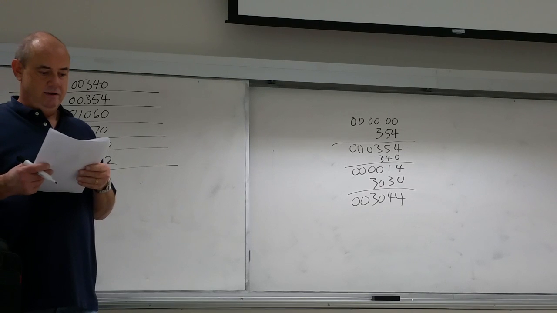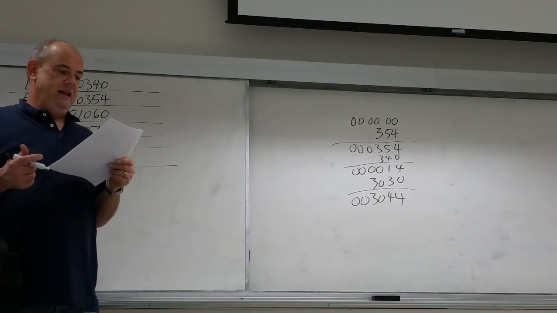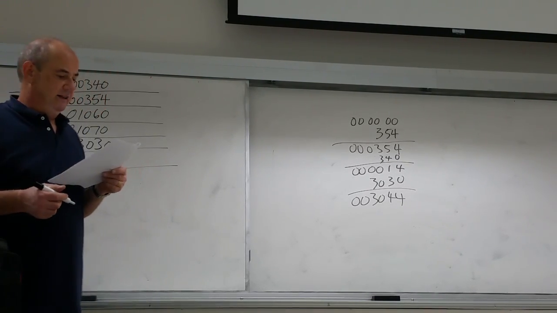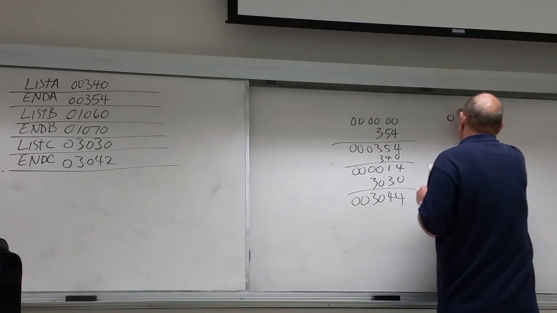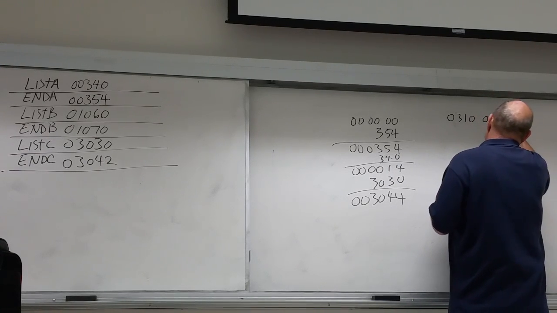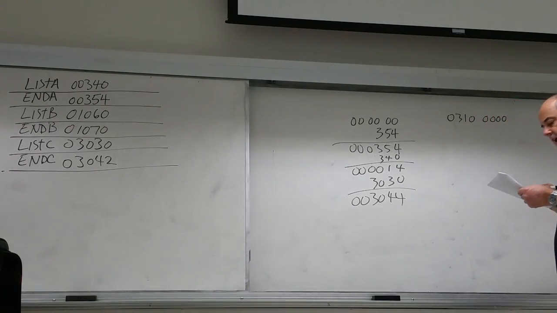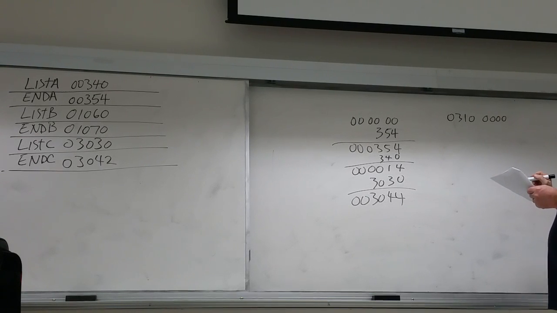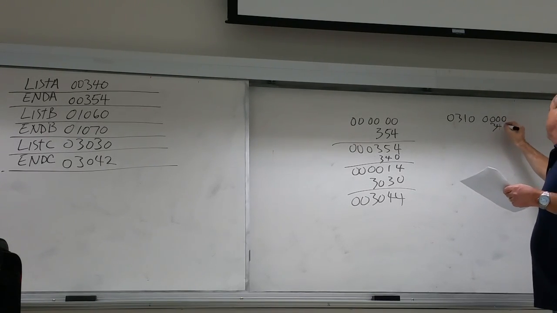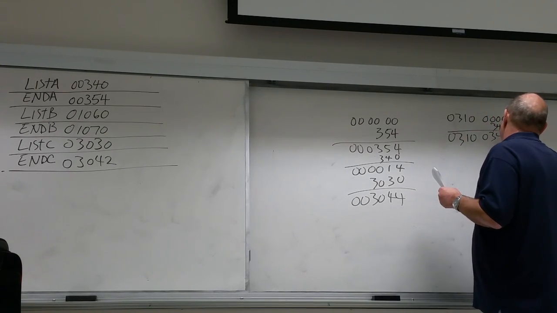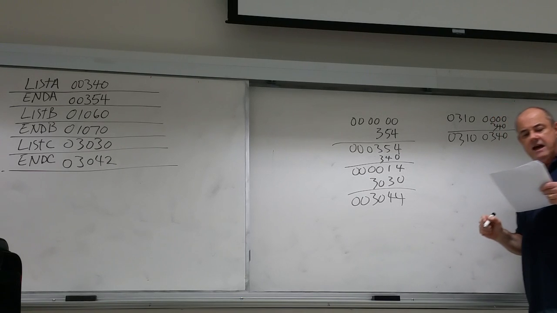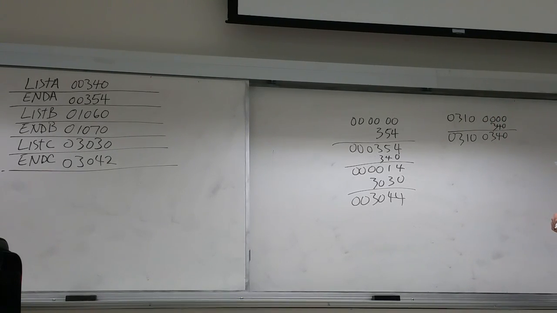Last page. Address 19, plus list A. Okay, so that one is 0, 3, 1, 0, 0, 0, 0, 0. And we have to add list A to it. And that's 340. All right, so that is at address 18. 1D, 1D.